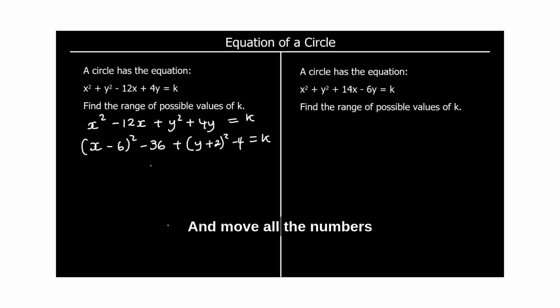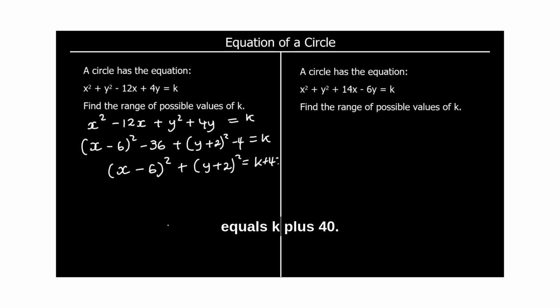And move all the numbers over to the right side. So I've got (x minus 6) squared plus (y plus 2) squared equals k plus 40. So what could k be? Well, the radius, or the radius squared, has got to be positive.